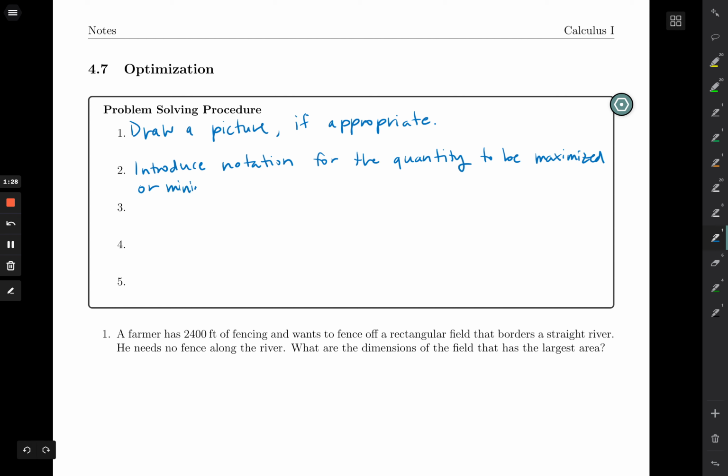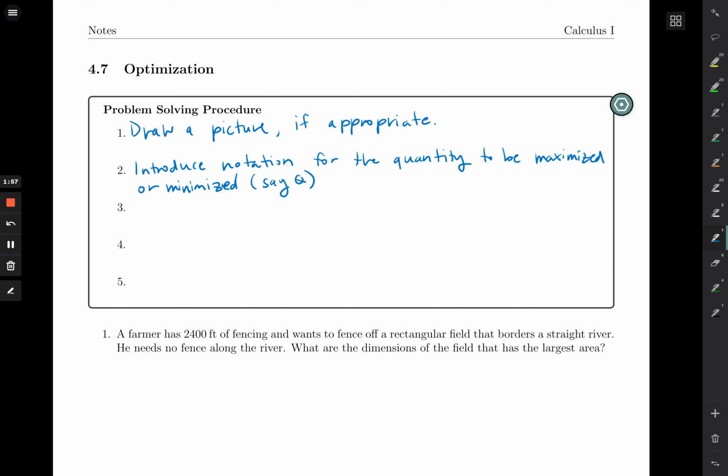And just for the purpose of stating the rest of these steps, I'm going to call that variable Q, but usually you'll choose some other variable that corresponds to the actual quantity. So usually we use A for area, V for volume, that kind of thing, so that it's clear what we're talking about.